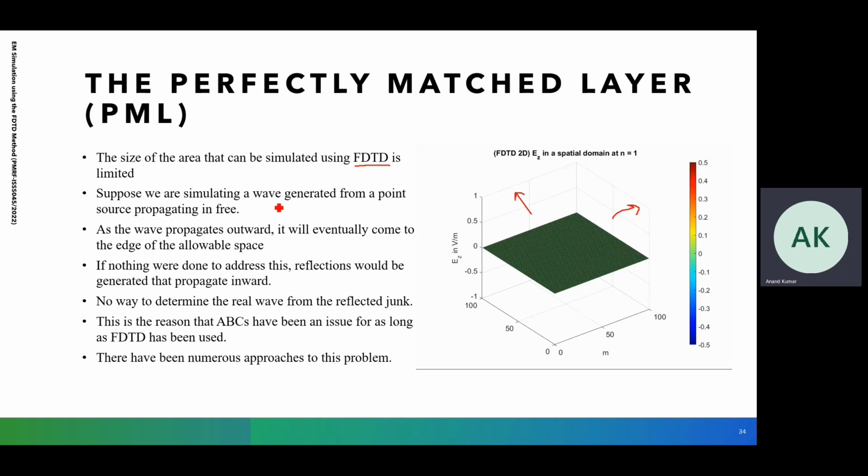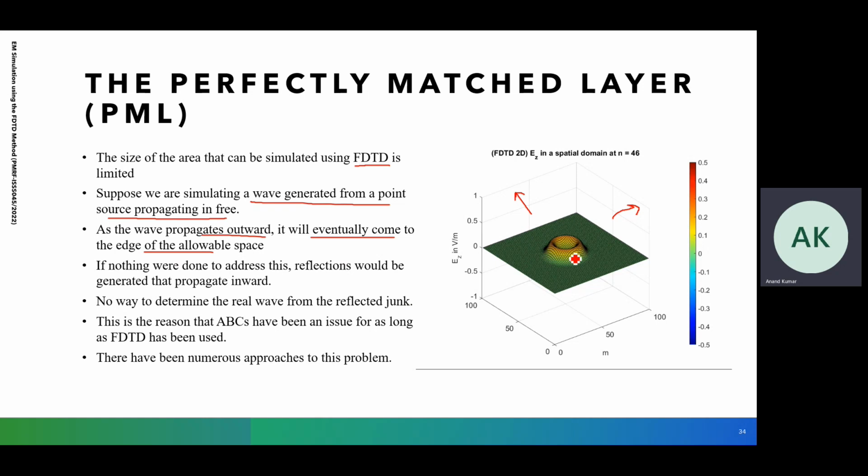But what happens if we simulate it for a longer time and the wave hits the boundary? If we are simulating a wave generated from a point source and propagating in free space, the wave propagates outwards and it will eventually come to the edge of the allowable space. Now, what will happen? Let's take a look.